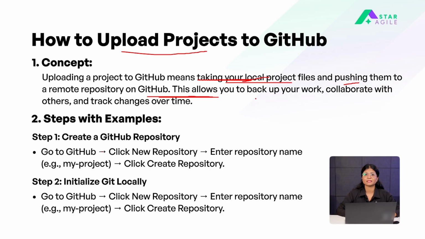But when there is a large team and every day everyone is working on the same project, who is changing what should be recorded. That's how GitHub works. I have given the in-depth information in module 2, so please go and watch that series. So you want to track the changes over time. Every change can be recorded here.